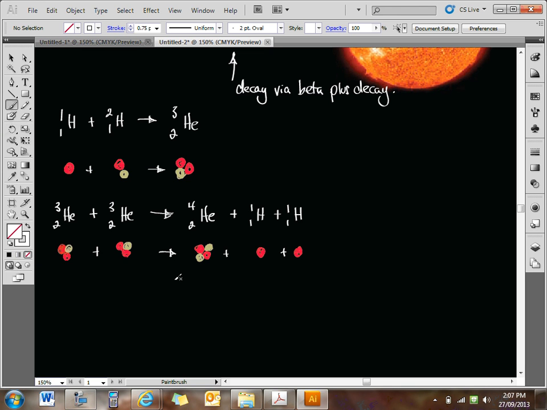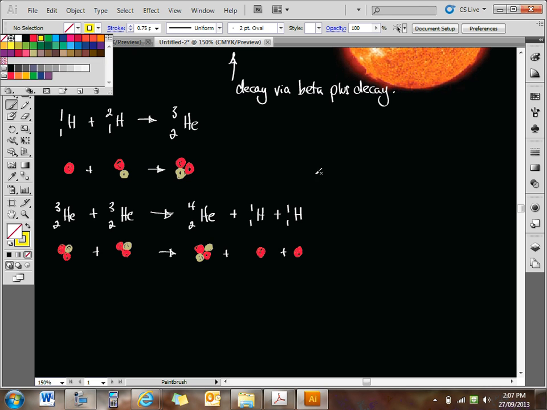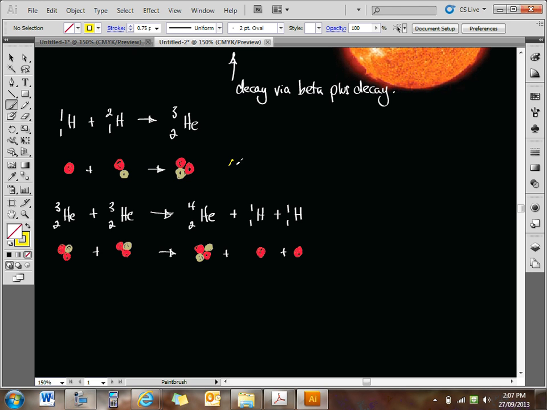These nuclei are formed in their excited states here, and so we see gamma ray emissions coming off as well as a result of the daughter nuclei being formed in their excited states, gamma ray emissions, and so lots of gamma radiation coming off of the sun, of course.